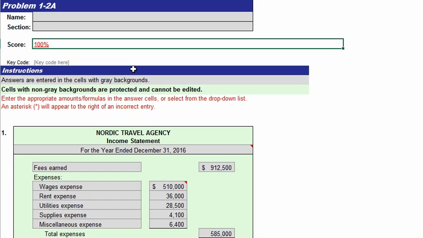So you can check your score as you go on these templates that grade it for you. And the B problem, your homework problem, will work that way. Work this one along with me on the problem 1-2A Excel template. And then you should be ready to try the homework problem, problem 1-2B.